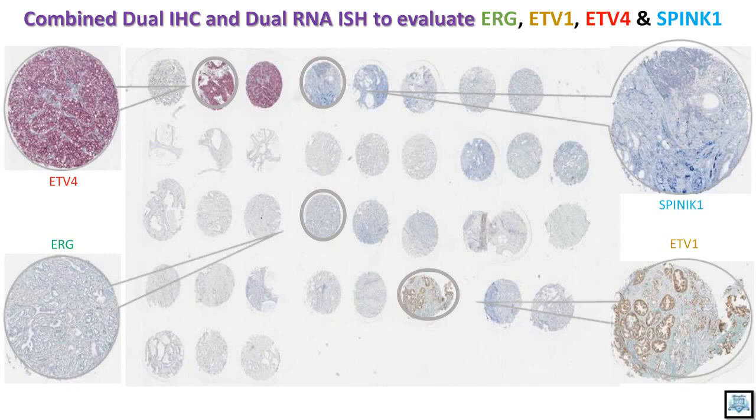Here there is a tumor sample positive for ETV4, with strong staining, and this is SPINK1, with strong blue staining that is more heterogeneous. This tumor is positive for ERG, and this other tumor is positive for ETV1. So we can detect all 4 markers on a single slide.